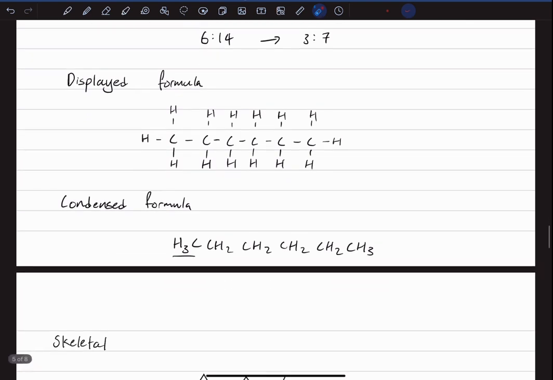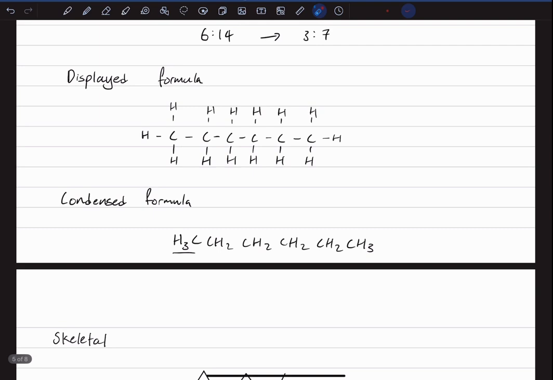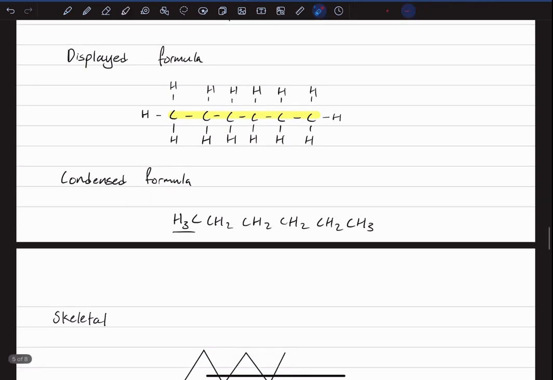The displayed formula for this compound is as this. We can see the straight chain in the compound. Moreover, we have the condensed formula, H3C, CH2, CH2, CH2, CH2, CH3.